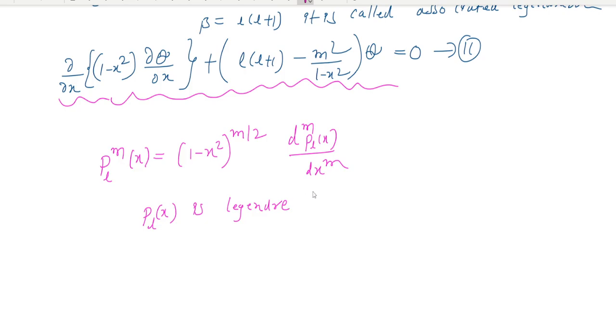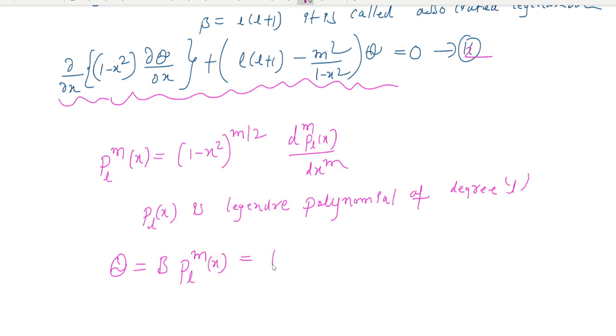Lagrange polynomial of degree L. So the solution of this equation number 12 is theta equal to B PL M of x.